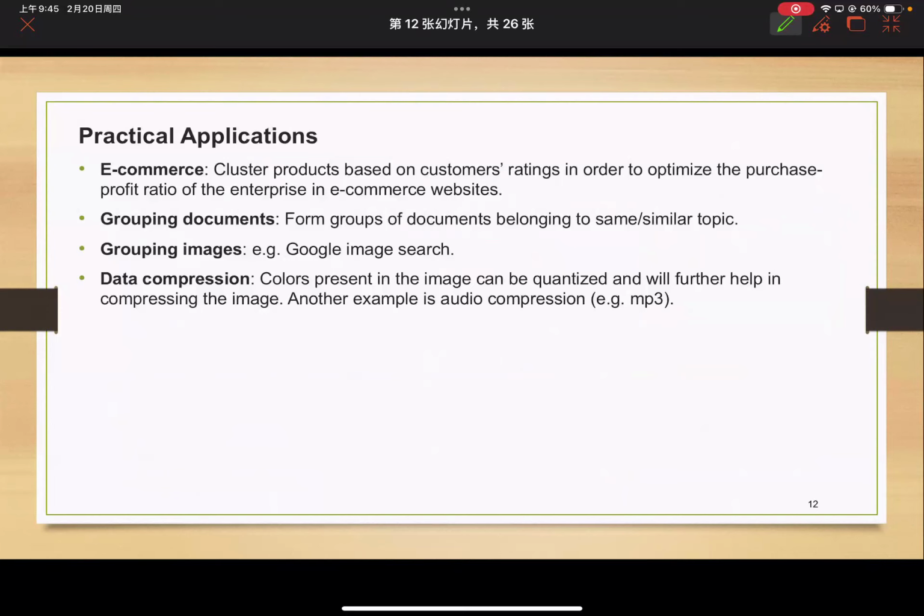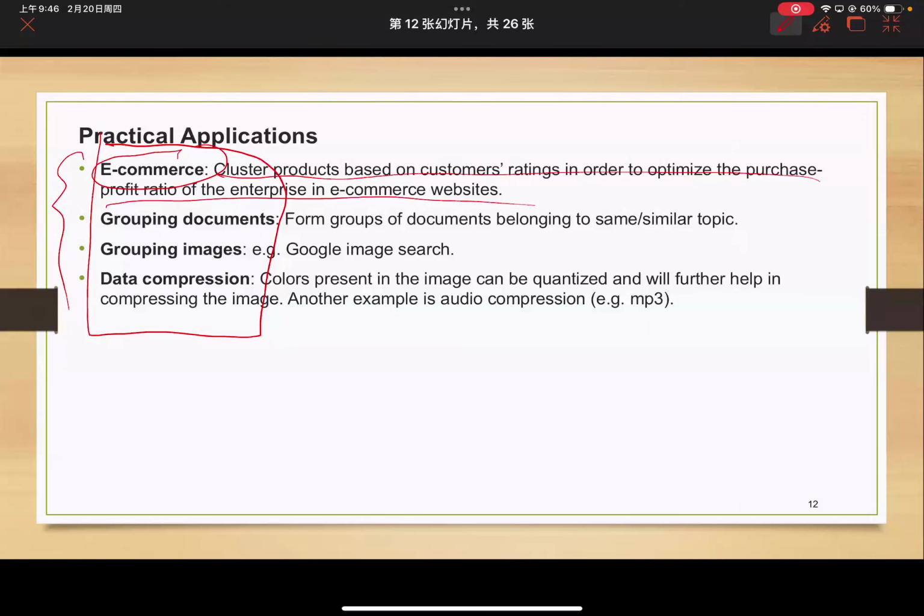Okay, and here are some practical applications for k-means clustering, like e-commerce. Just remember the name here, okay? You don't need to remember the details of this, because even in these kinds of domains, there are different kinds of applications inside.